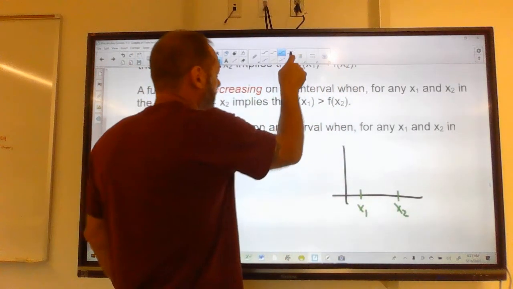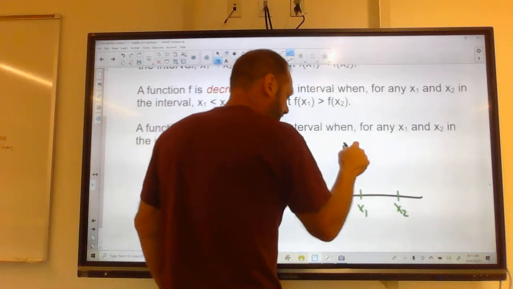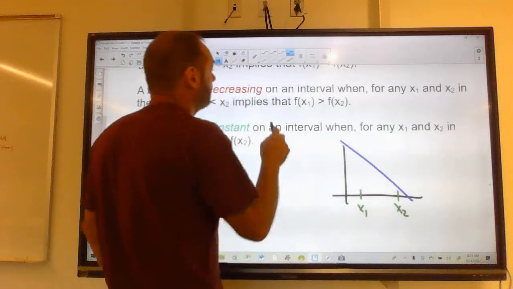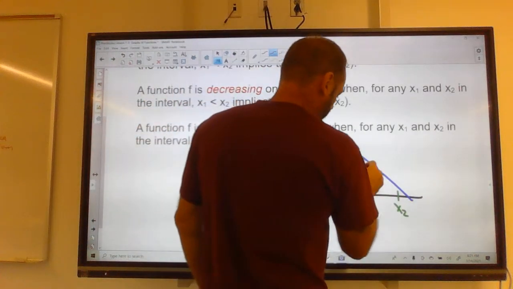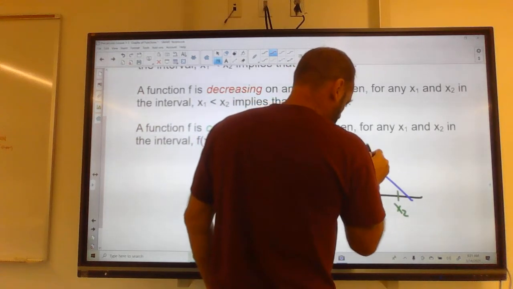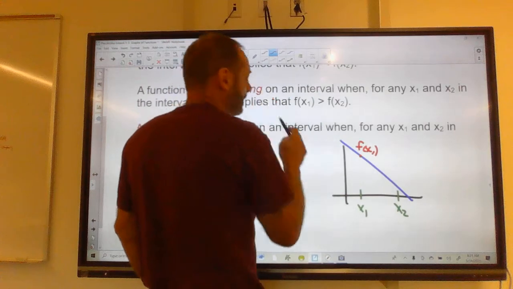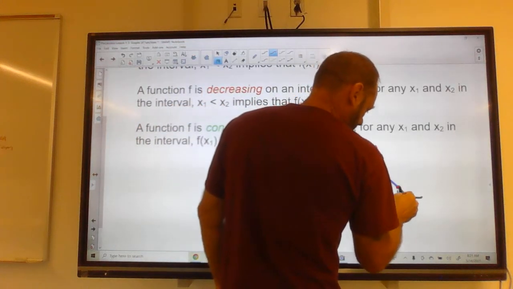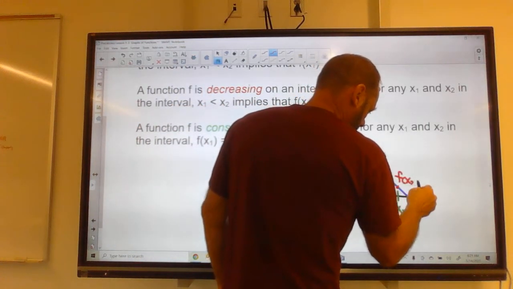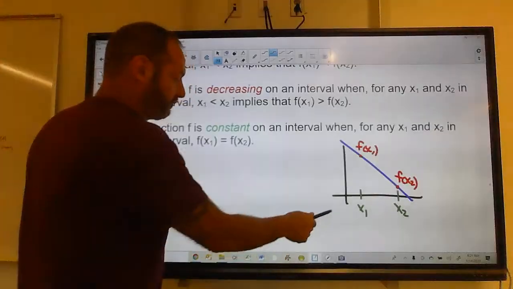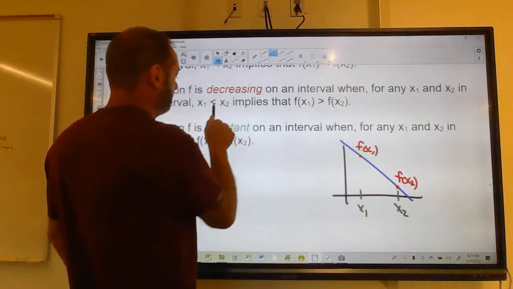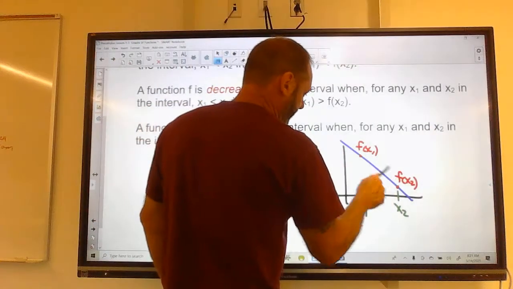And then a decreasing function would look something like this. Okay, and my f of x1 would be here. And then my f of x2 would be here. So x1 is less than x2, but f of x1 is bigger than f of x2.